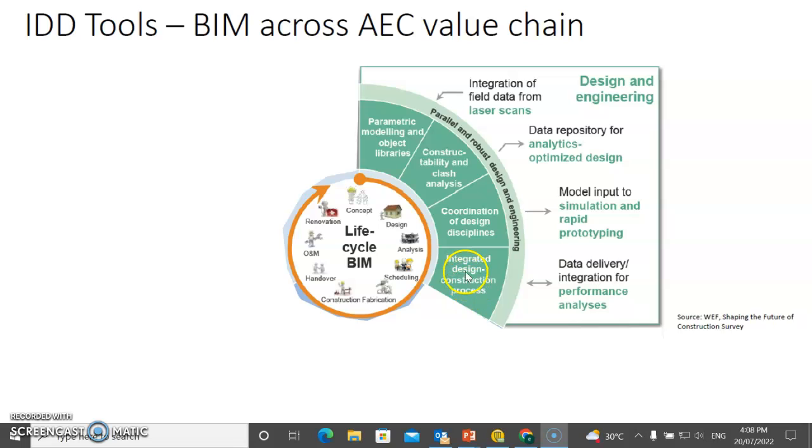You can have an integrated design and construction process. And you can use BIM for integration of data from laser scanning on site, as a data repository for analytics and optimized design, as model input to simulate and for rapid prototyping, and for data delivery integration for performance analysis. That is during the design and engineering stage.